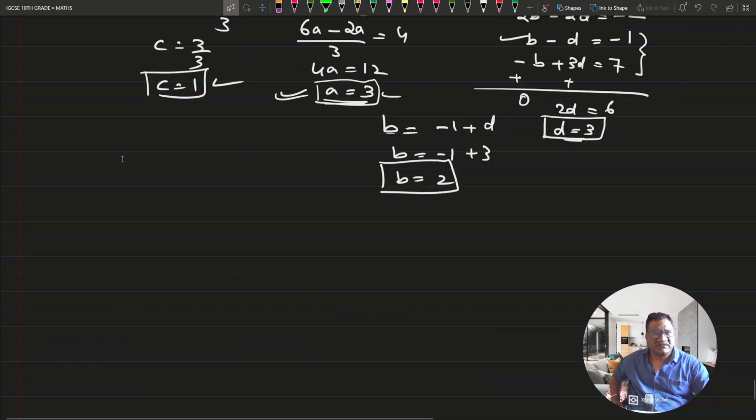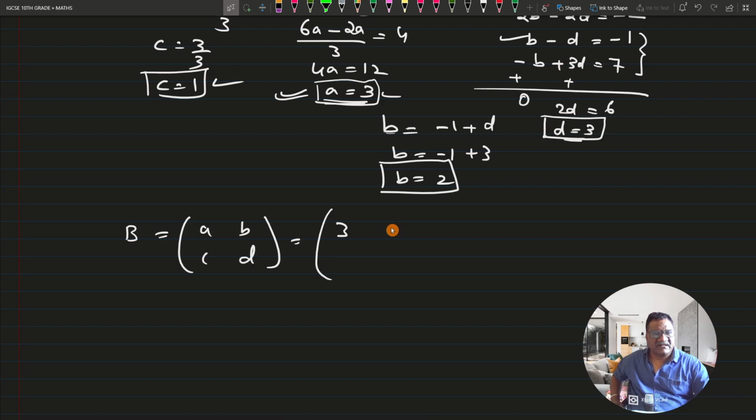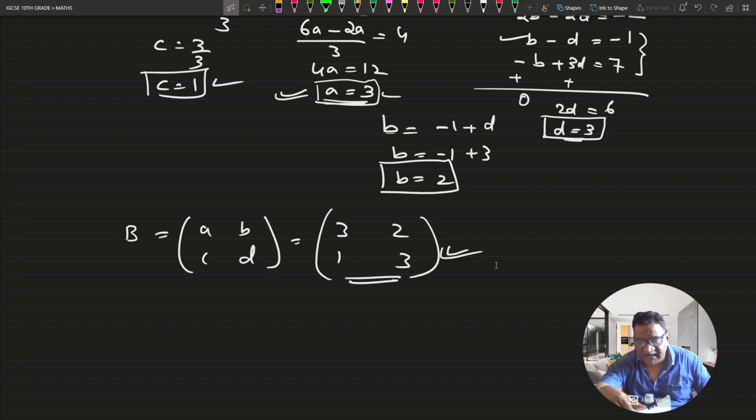So my matrix b, which was a b c d, will be equal to, I'll plug in the values, so it will be 3 and then 2 and then 1 and then 3. So this should be the answer for my question number 19. So let us verify and check whether the answer is correct. So for 19th, the answer is 3, 2, 1 and 3, which is absolutely correct.